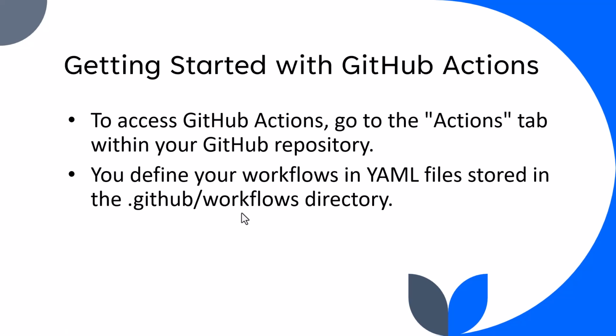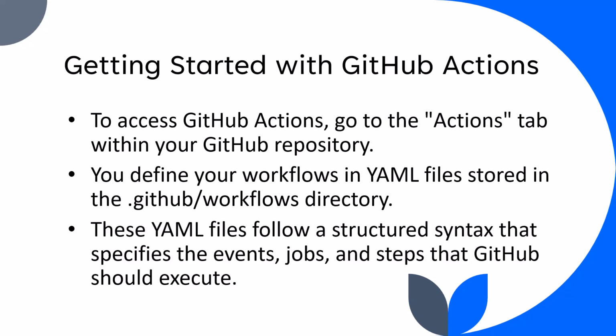You can create this .github/workflows directory all on its own, as it has been automated for CI integration, or you can create it manually in your repository, either on the GitHub remote repository itself or on the local one, and then commit and push it to the actual GitHub remote repository. These YAML files follow a structured syntax that specifies the events, jobs, and steps that GitHub should execute.